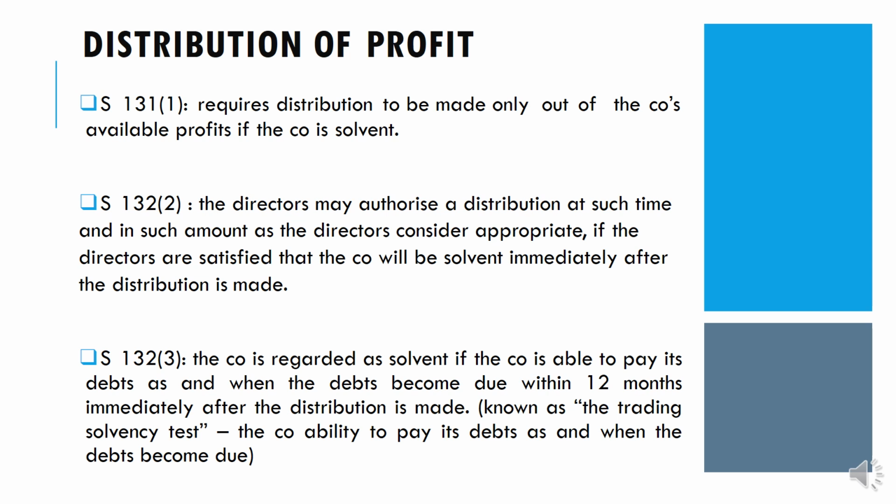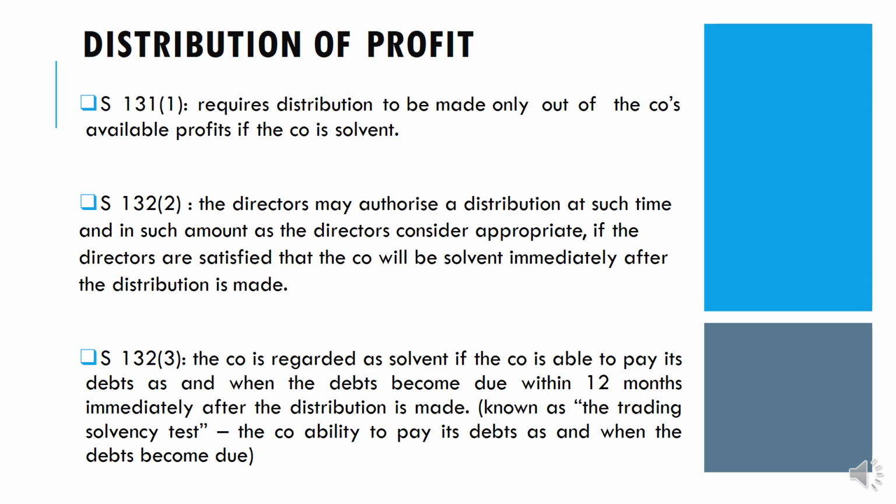This is also mentioned in 112, 113, remember? Solvent means the company has sufficient money, sufficient allocation to pay the debts to the creditors for 12 months, for 1 year. They still have money for that, right?